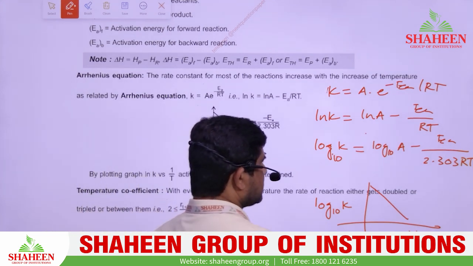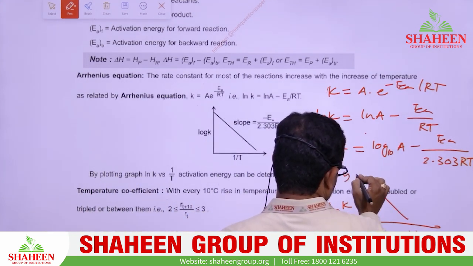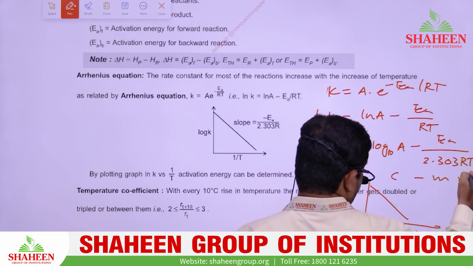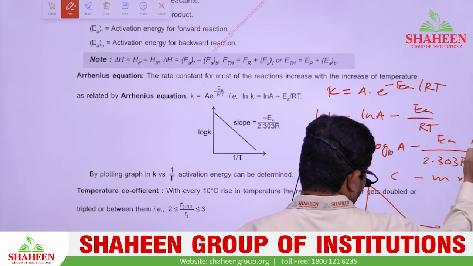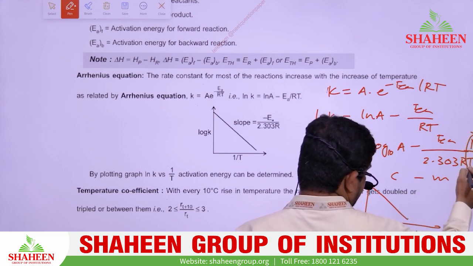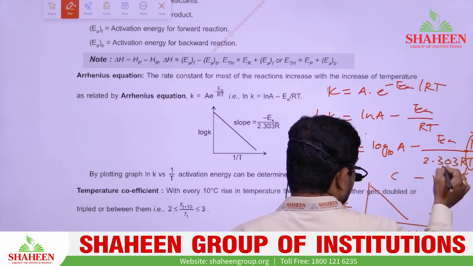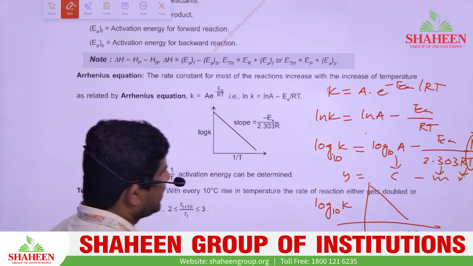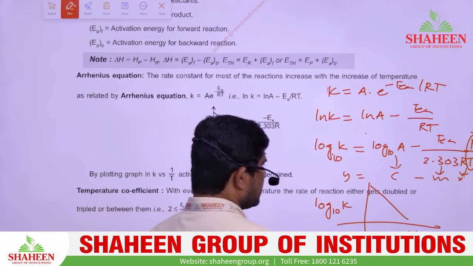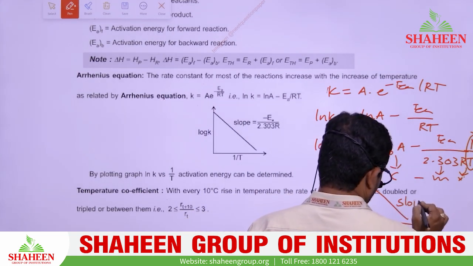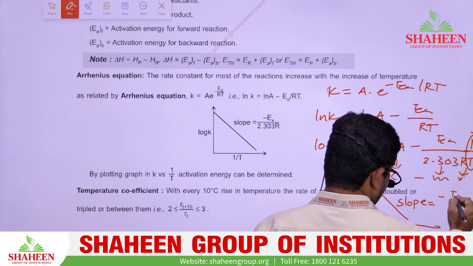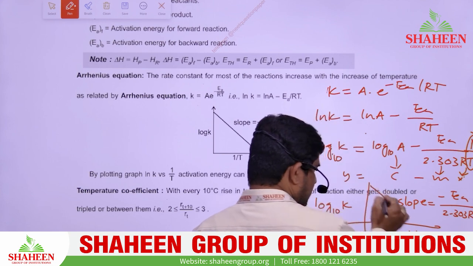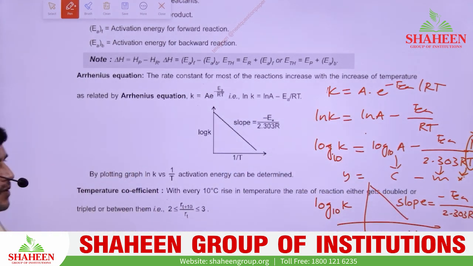This graph is in the form y is equal to mx plus c. Here x is 1 by T, the slope m is minus EA by 2.303 R, and the intercept is log A. So negative slope, that's why the graph is like this.